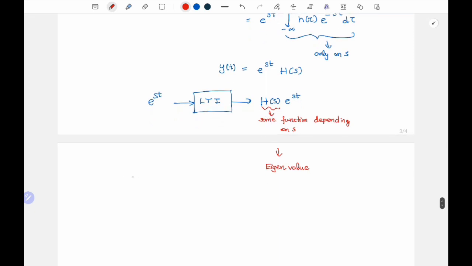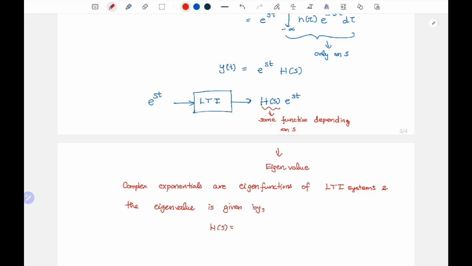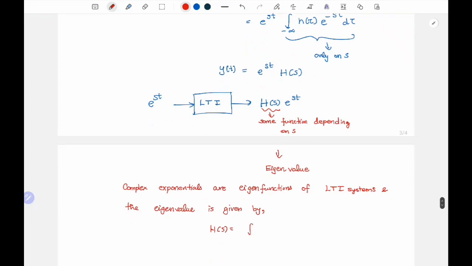So we can also say that complex exponentials are eigenfunctions of LTI systems and the eigenvalue is given by h of s equal to this one, integral minus infinity to infinity h of tau e power minus s tau d tau.